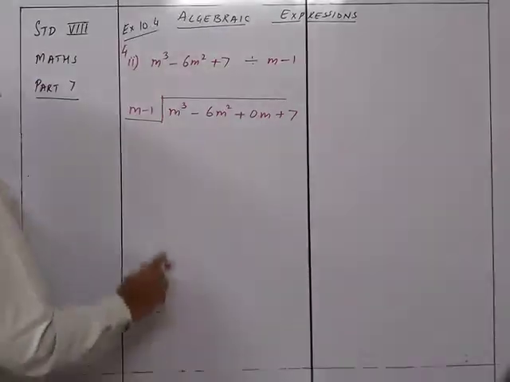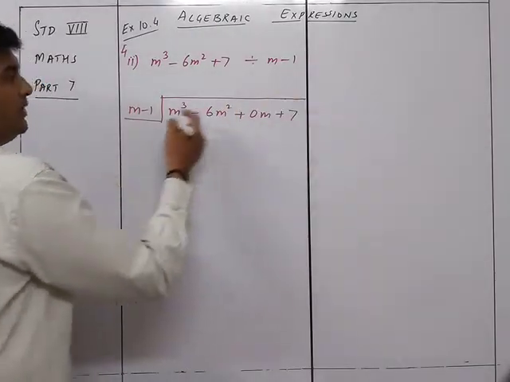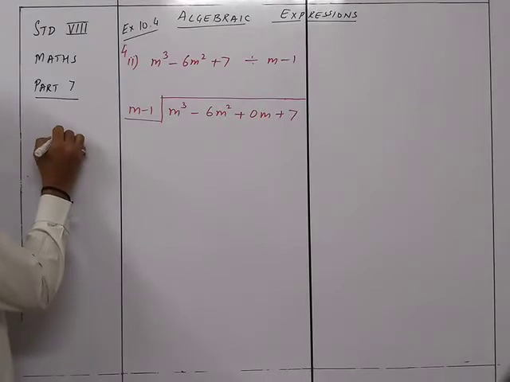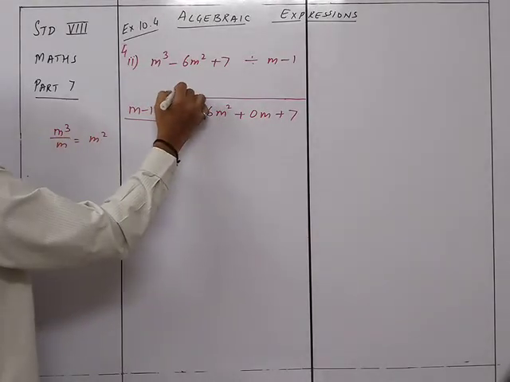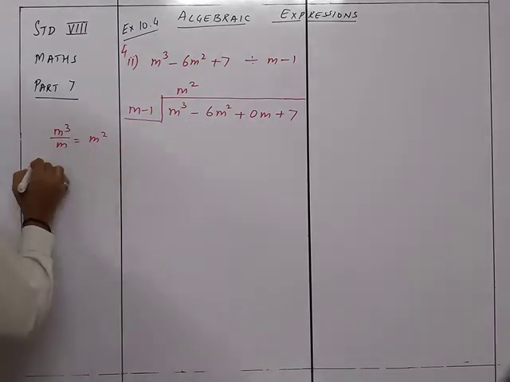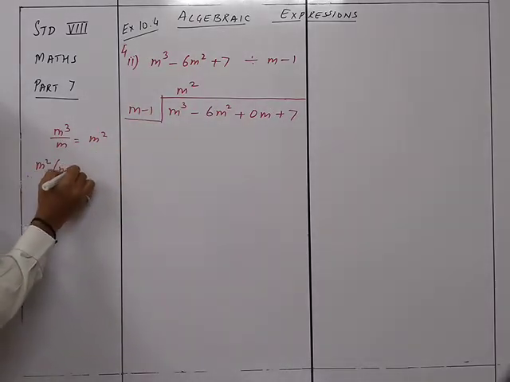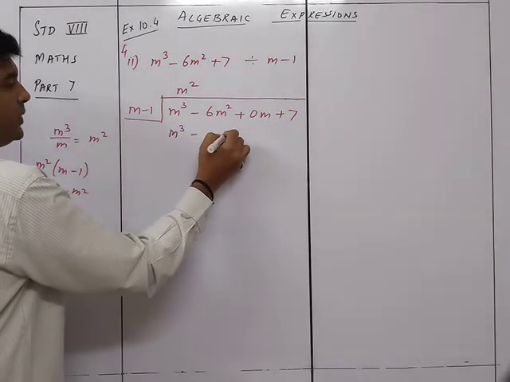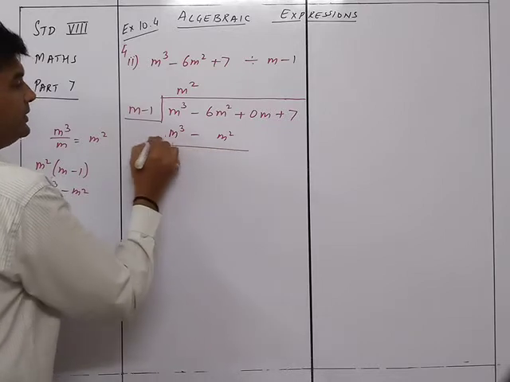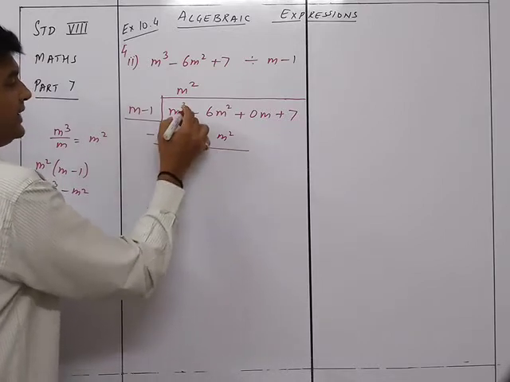Okay? Now, our usual ones, m raised to 3 upon m is equal to m raised to 2. So m raised to 2 comes here. m raised to 2 into m minus 1 is m raised to 3 minus m square. Subtracting this, it cancels.